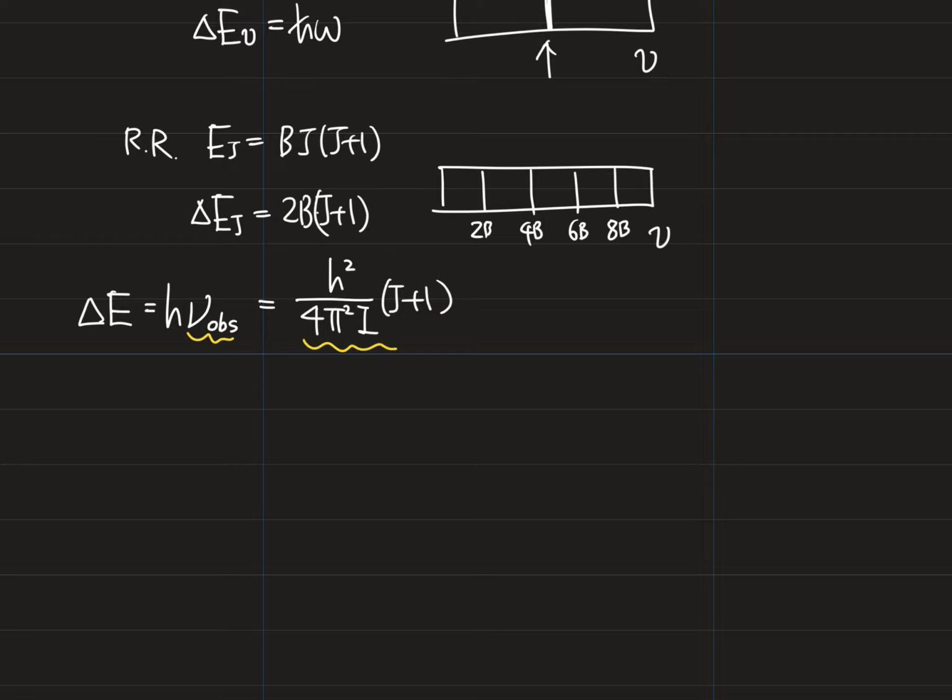So this is the energy level difference in the rigid rotator, and this is the energy of the observed photon.